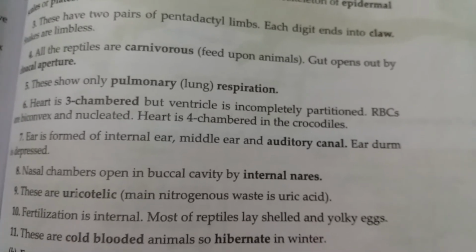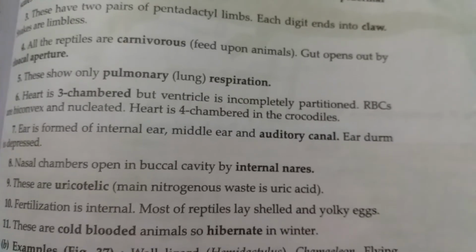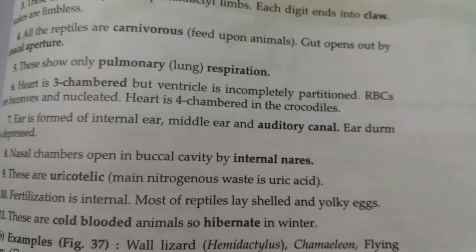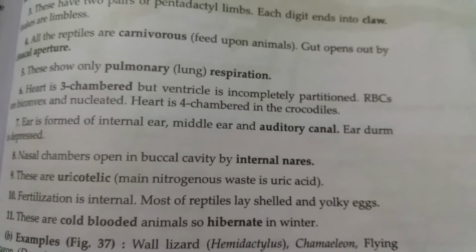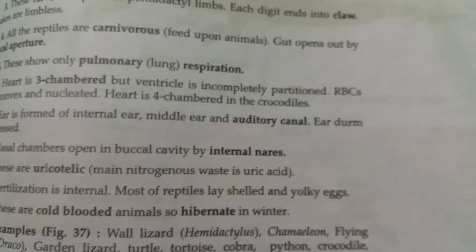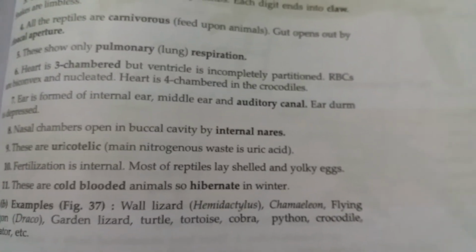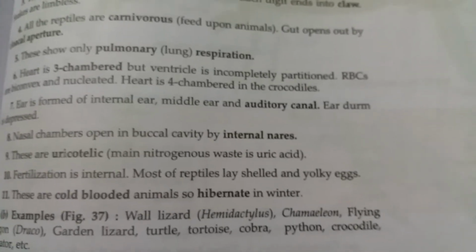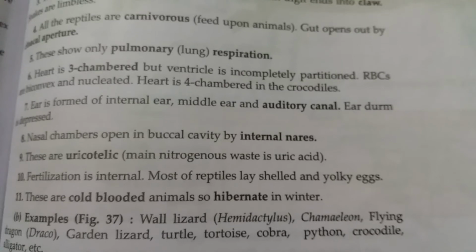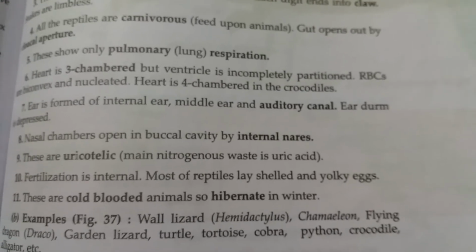These are terrestrial animals, so they show only pulmonary respiration. Heart is also three-chambered. Ventricle is incompletely partitioned, means ventricle is not properly parted. RBCs are biconvex and nucleated. Heart is four-chambered in the crocodile. This is the exception.